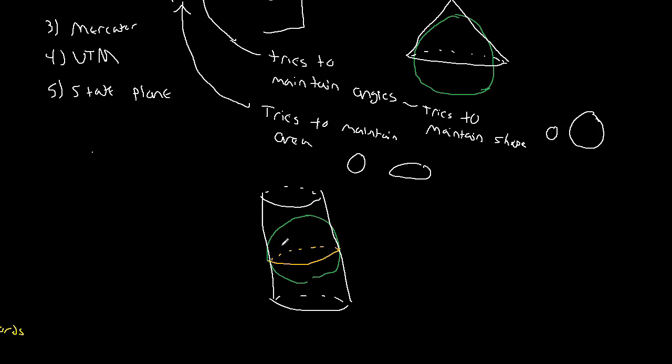The reason we don't see Mercator used too often for North America is that if you think about where North America is, up in this area here, and you project that out, you get a fair amount of distortion from Mercator. So Mercator is not particularly useful for North America. Again, you would want to use an Albers conic or a Lambert conic. But you still see Mercator used a lot, especially if you're mapping large swaths of the globe.